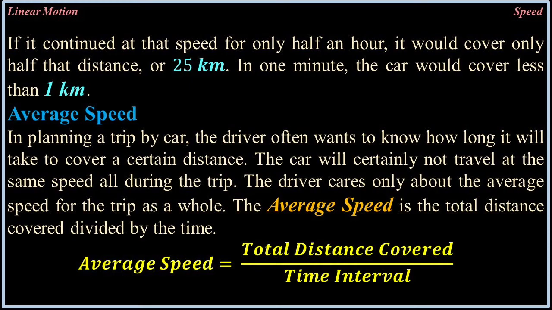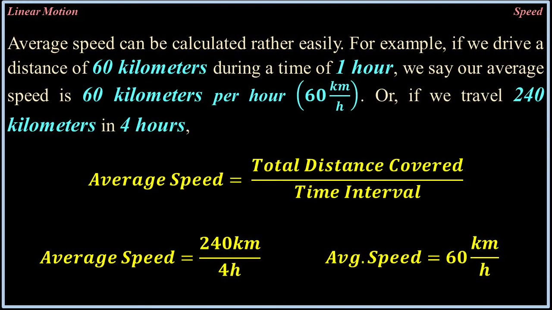The average speed is the total distance covered divided by the time. Average speed equals total distance covered divided by the time interval. Average speed can be calculated rather easily. For example, if we drive a distance of 60 kilometers during a time of 1 hour, we say our average speed is 60 kilometers per hour.